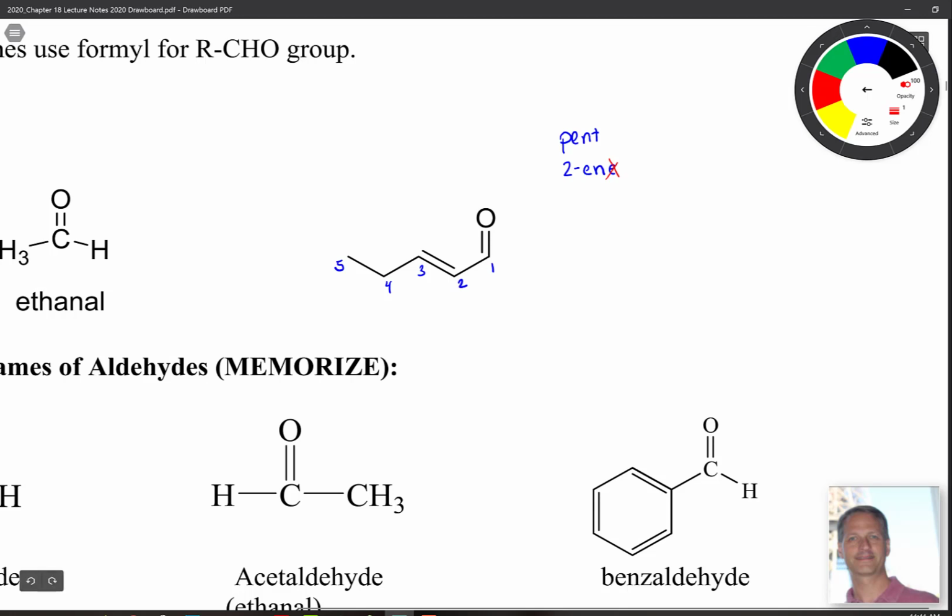So it's pent. Of course, it's an aldehyde, so we add -al here, right? But when we put that together, we get pent-2-enal. Now we could also label this as being a 2-pentenal also. So the top numbering is kind of the newer way of doing this.